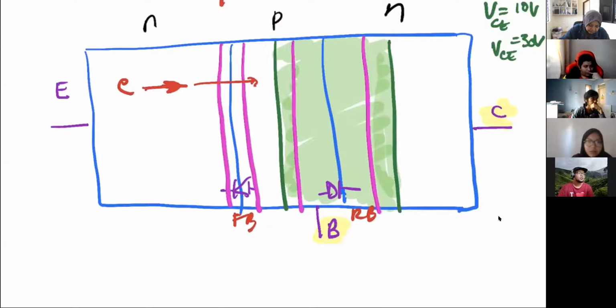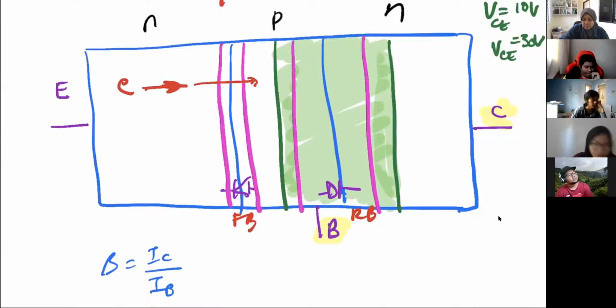Electron recombines with holes in P. Okay, then what happened to the electron after the recombination? The remaining electron will diffuse to the collector.